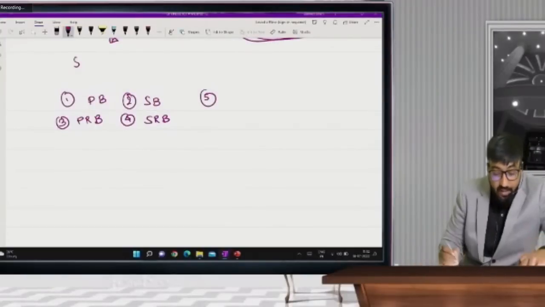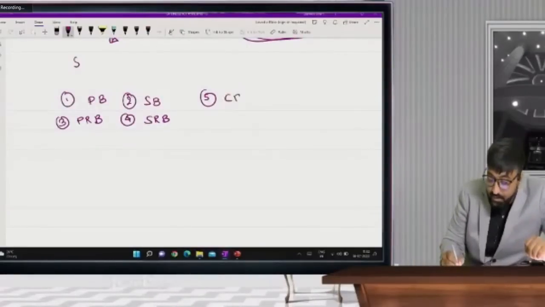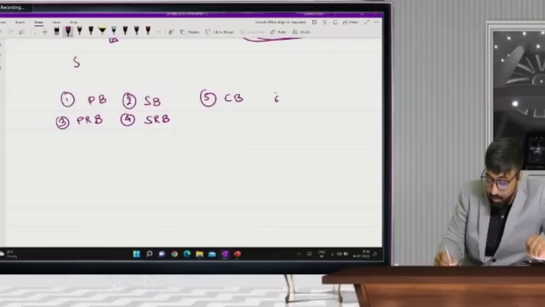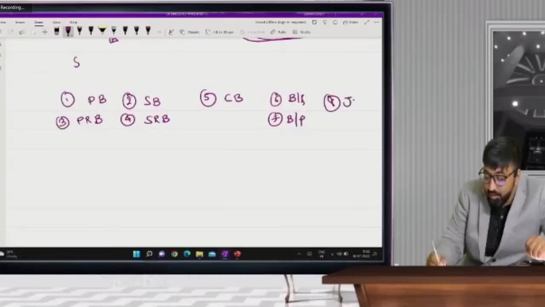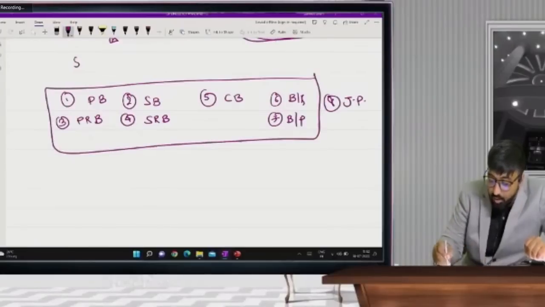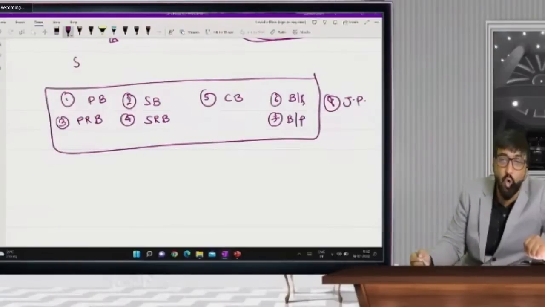And yes, for cash transactions, I'm coming to cash transactions, don't worry. It's a separate cash book. Bills receivable book, bills payable book, and the last one is journal proper, where everything not recorded elsewhere is recorded.